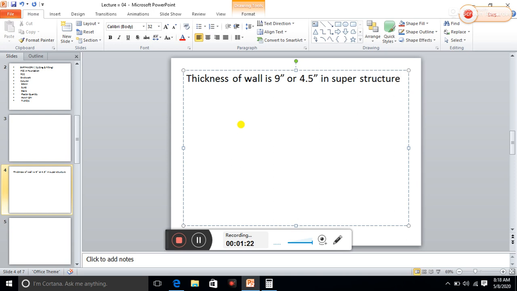So what is superstructure? The structure above the foundation is called superstructure.